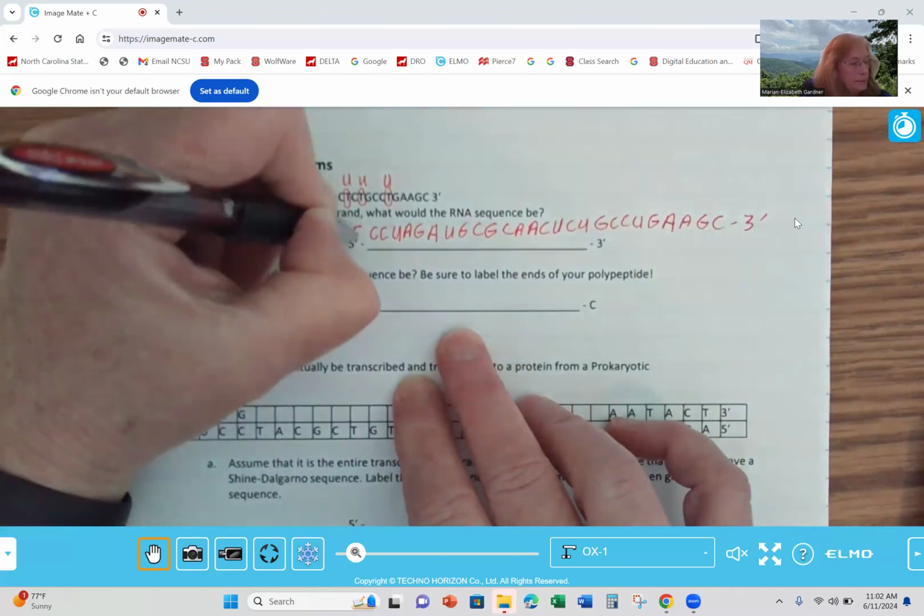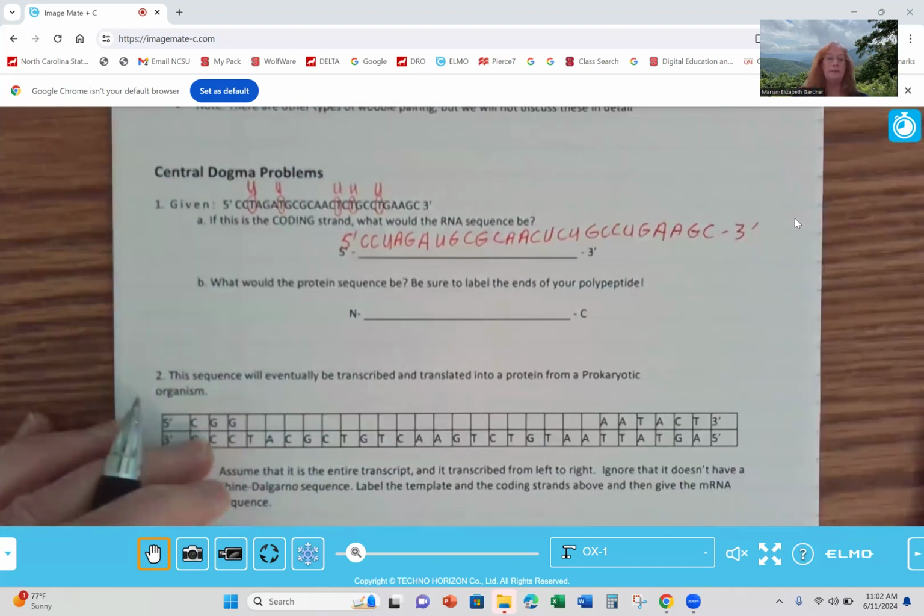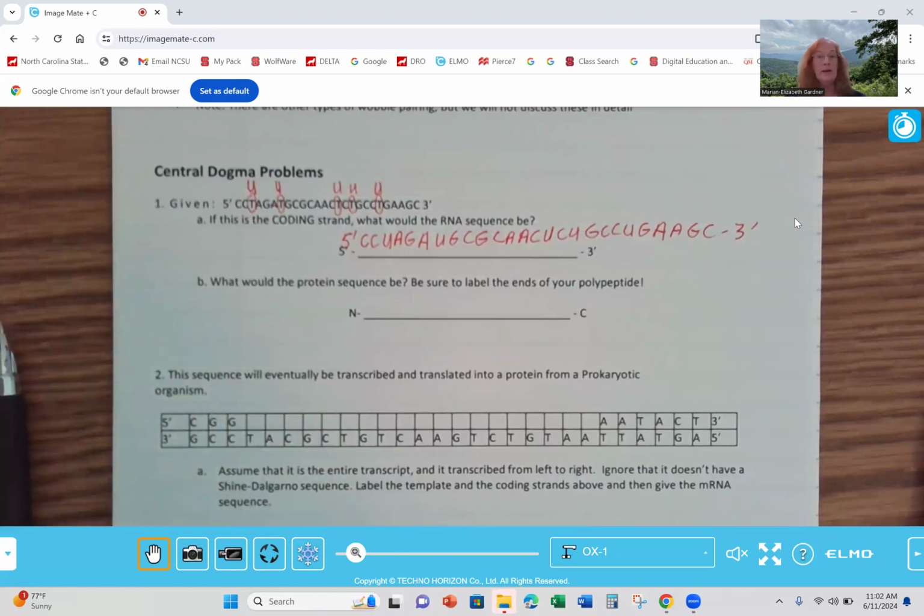All right. Didn't quite fit in the box there. And now let's see what we would do to translate this.